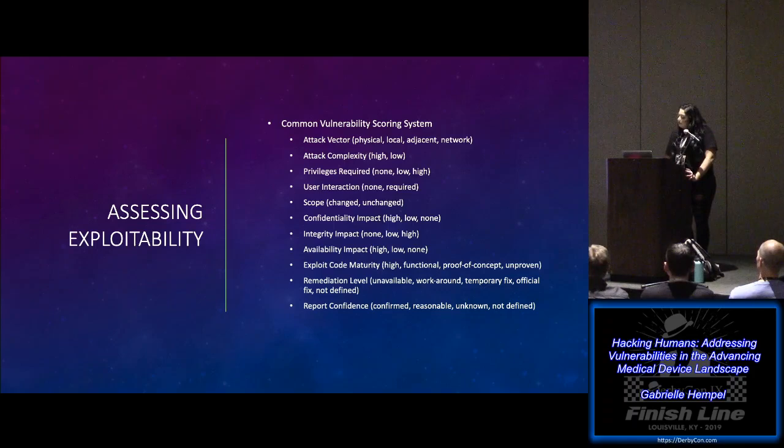So the FDA guidance outlines a common vulnerability scoring system, which provides numerical ratings corresponding to high, medium, and low by assessing a number of factors, including the following: attack vectors and whether they're physical, local, adjacent, network, etc. The complexity of the attack, whether it's high or low, whether privileges are required to complete the attack, and whether user interaction is even required, the scope of the vulnerability, the impact that an exploit might have on confidentiality, integrity, and availability of data, the exploit code maturity, whether it's high, functional, proof of concept, or unproven, the remediation level, whether unavailable, a workaround, a temporary fix, an official fix, or something undefined, and finally, the confidence in the report.